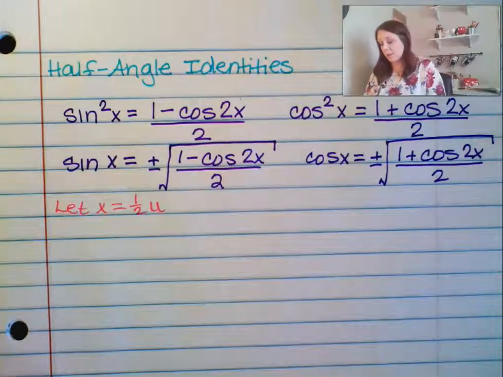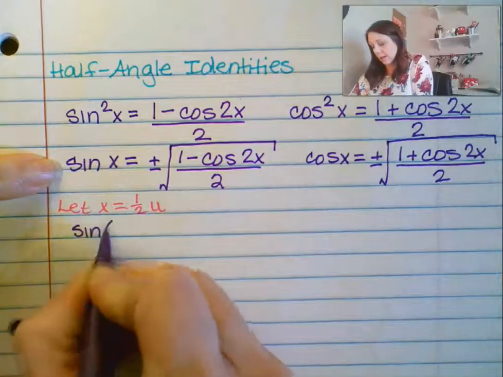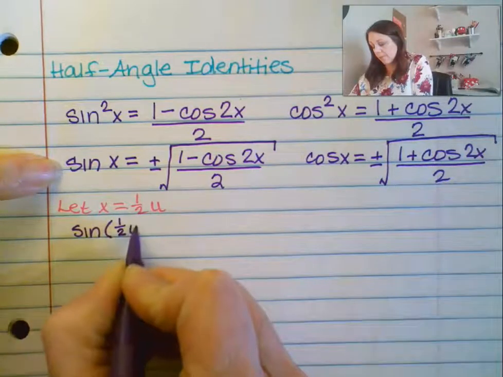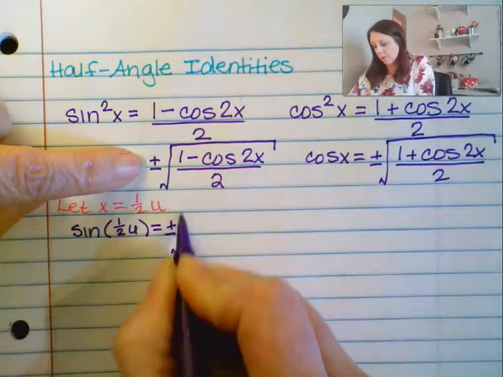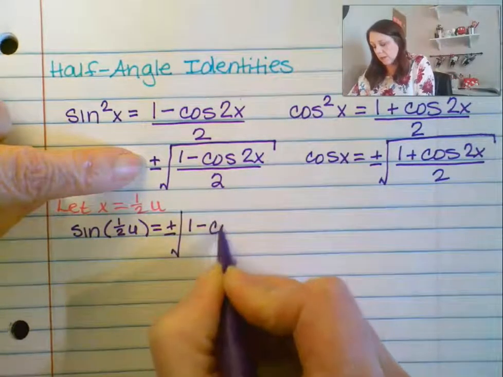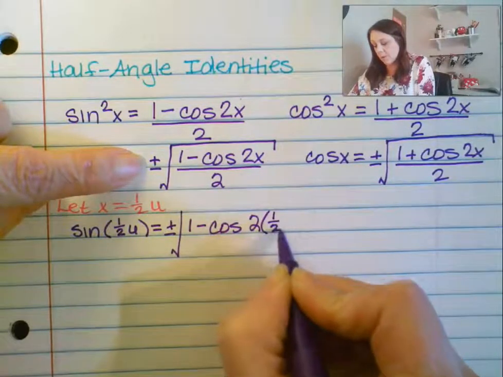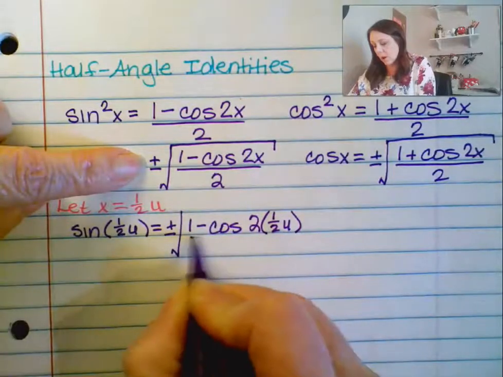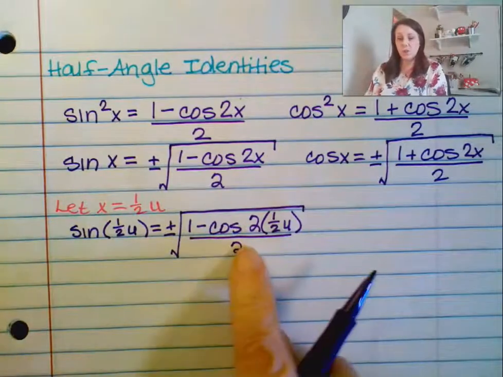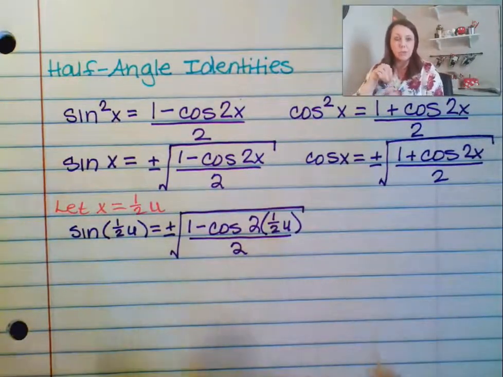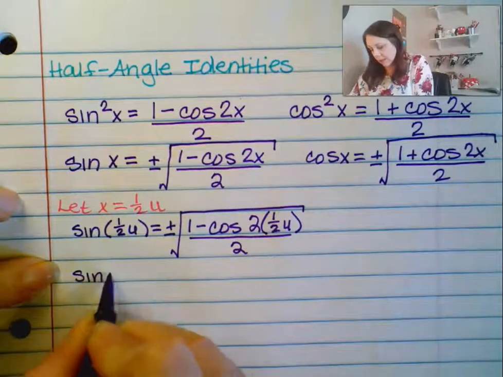So what that's going to produce here is the sine of the quantity 1/2 u is equal to plus or minus the square root of 1 minus cosine of 2 times 1/2 u, all divided by 2. And we know that this 2 times 1/2 u can be simplified a bit, so let's go ahead and simplify that down. On the left side, we're left with the sine of 1/2 u.